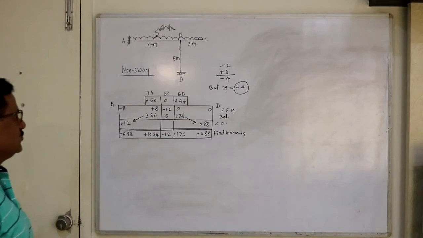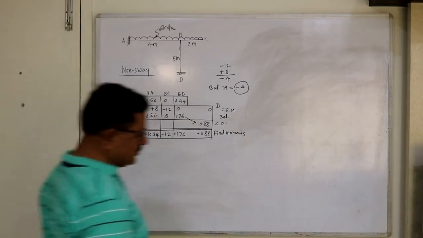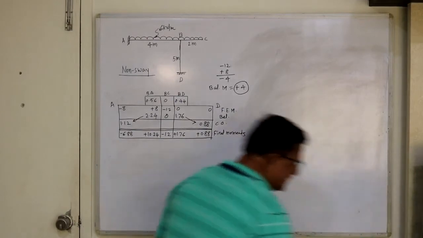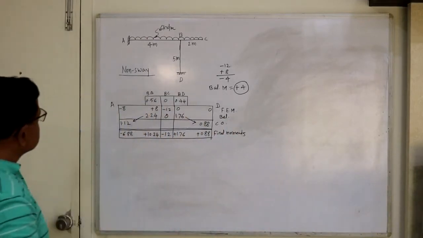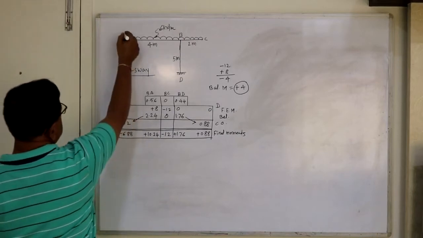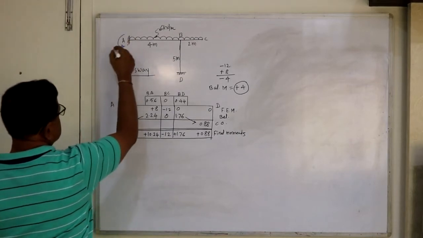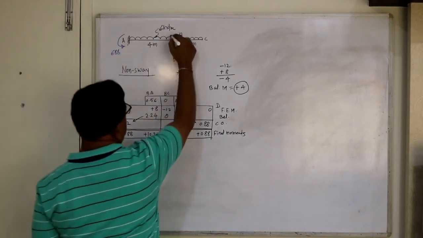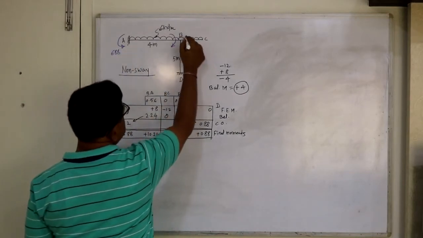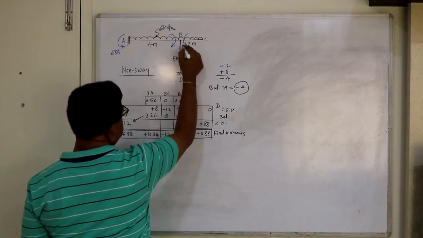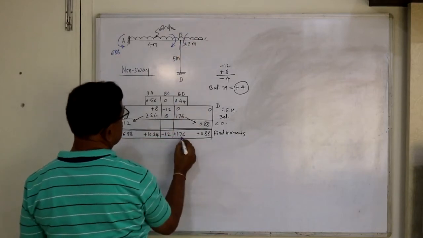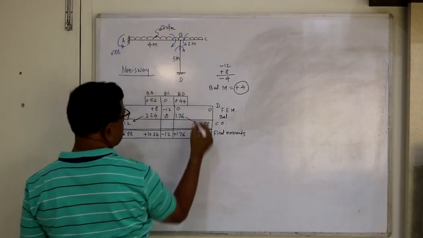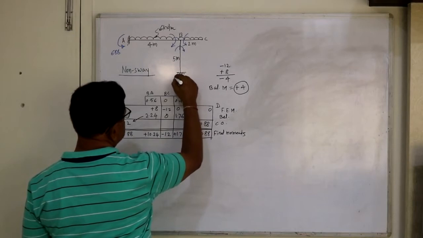Now next is to draw BMD. So to plot the BMD, so what we have to do, so let's show this is anti-clockwise, means this is 6.88. This is clockwise, again this is anti-clockwise, and this 1.76 is clockwise, and this is again clockwise.